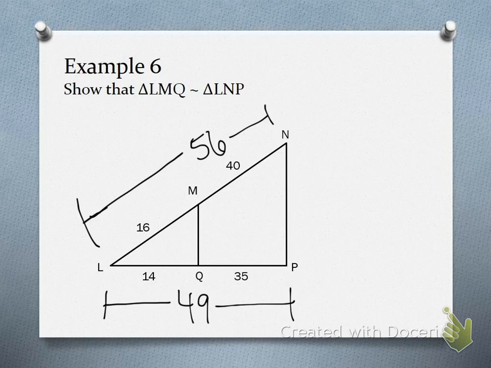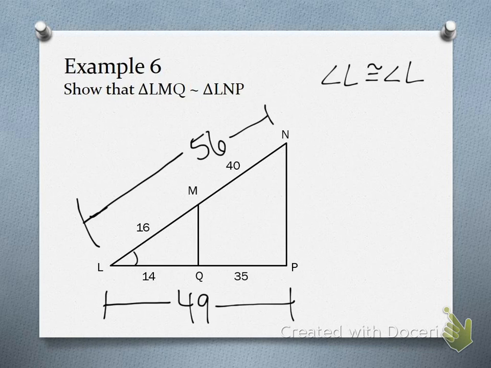We all okay with how I got the 56 and 49? By adding those side lengths together. What angle would be the same if we were to split these up? Good, angle L, so we could give it a little mark. Or we could come over here and say angle L is congruent to angle L. Something so that I know that you know that that angle is used twice.